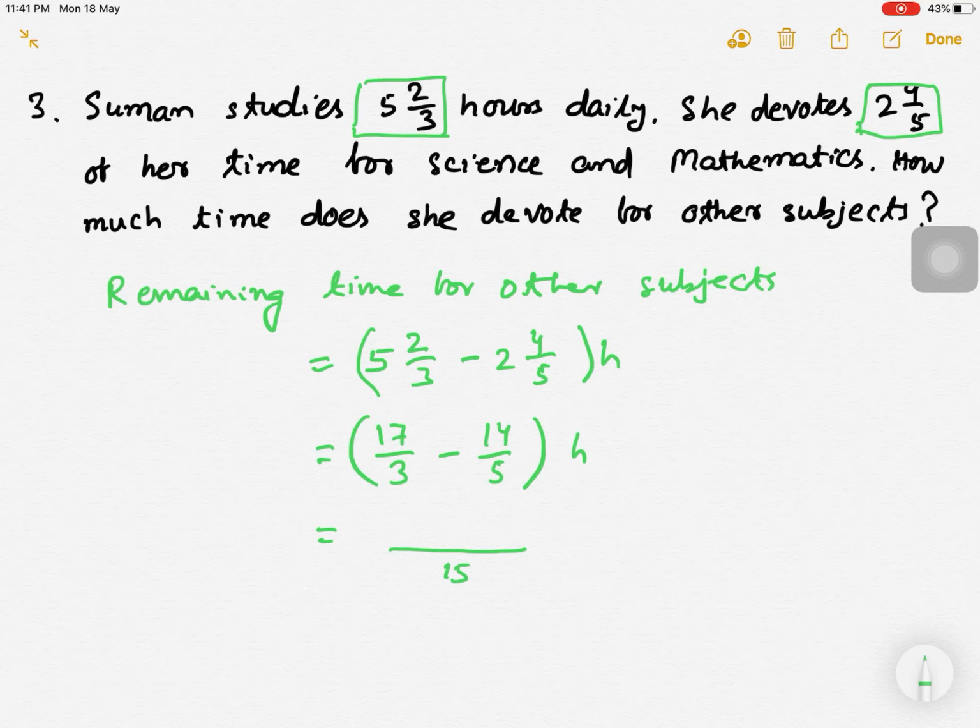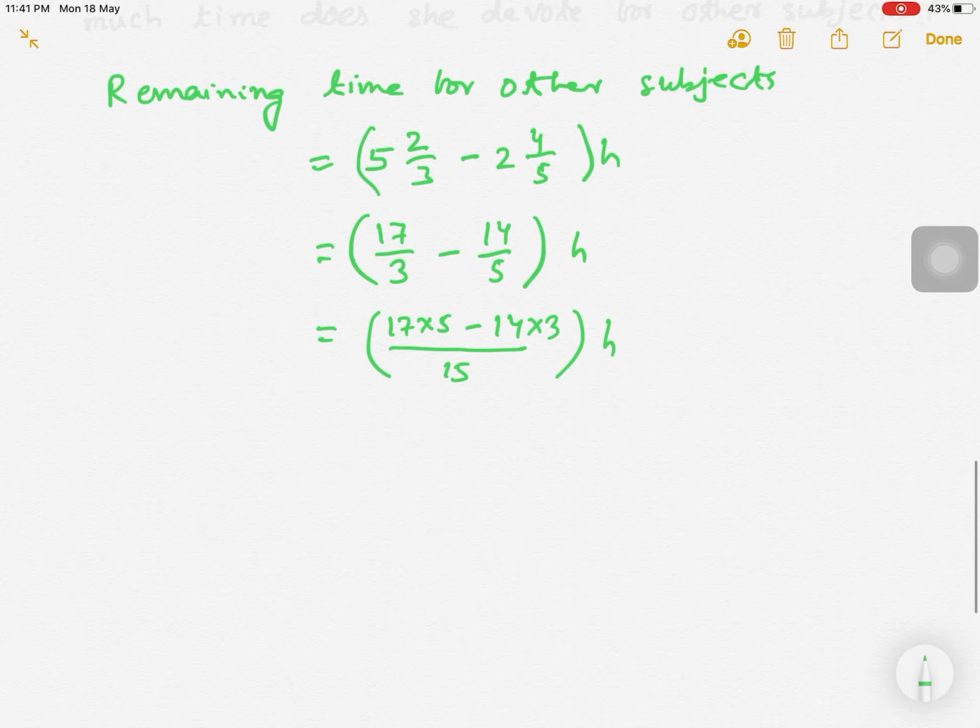So 15 divided by 3 is 5. So 17 into 5 minus 15 divided by 5 is 3. So 14 into 3. Now 17 into 5 is 85 minus 14 into 3, it is 42, by 15 hours.